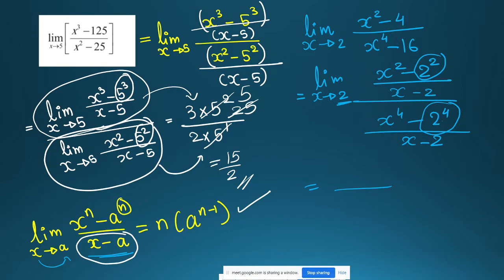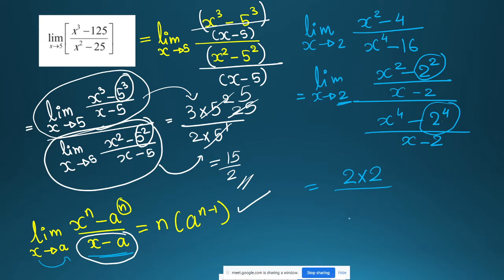Yes, so what is my numerator, everyone? Yes, the numerator should be 2 into 2 raised to 1, that is nothing but 2.